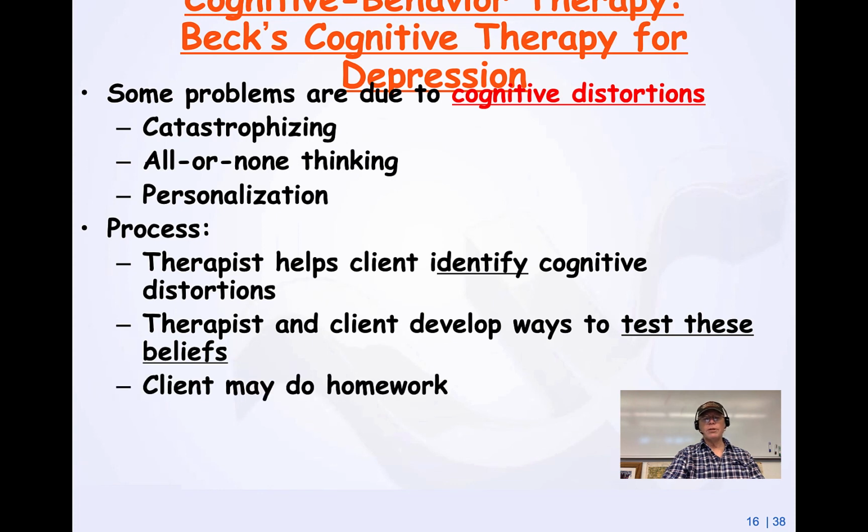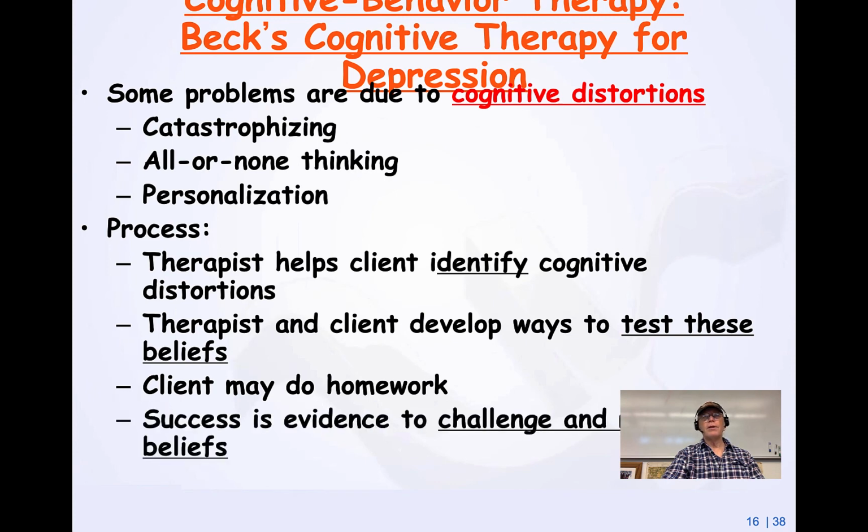It's testing out. This is where the client can go home and the therapist says, give me 3 different ways that you could have responded to this situation. This is where the person goes home and thinks about it on their own. So, challenging and reducing false beliefs.